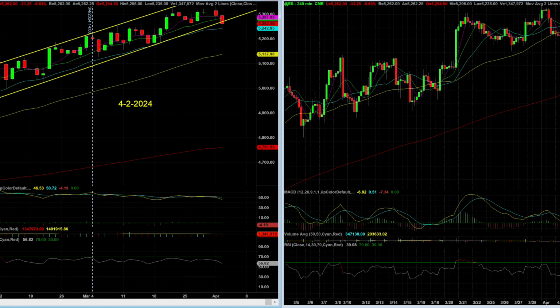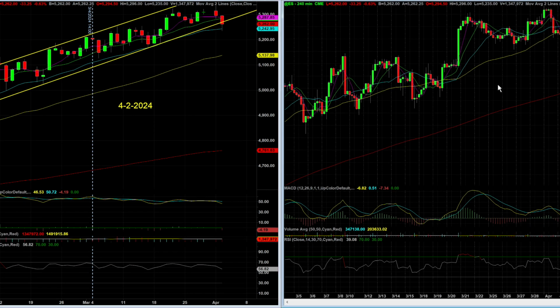Let me show you. The reason I went short overnight is, look at the 240-minute on the right. Look at the chart here, the MACD. It is obvious, it's a MACD divergence. The swing goes lower, and the price goes higher.